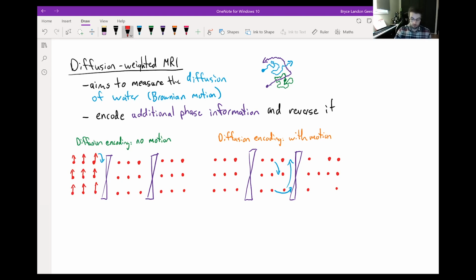And then if we encode some phase information here, that's what this drawing of a gradient is. You can see that I've oriented the gradient from bottom to top of the page here, like this, with the positive lobe on the top row and the negative lobe on the bottom row, roughly. That means that at time point 2, after this phase encoding gradient has been applied, we will have the top row ahead in phase of the middle row, and the bottom row is behind in phase.